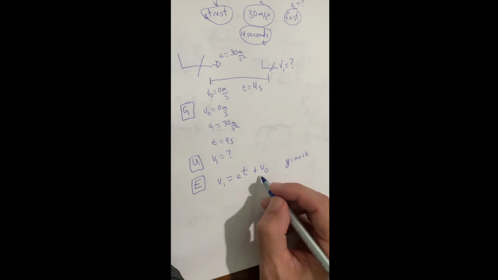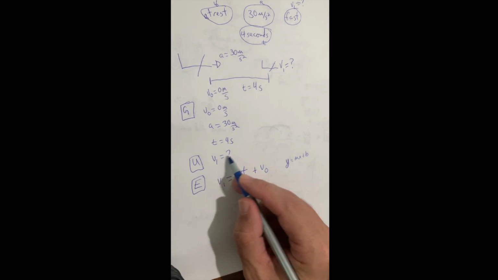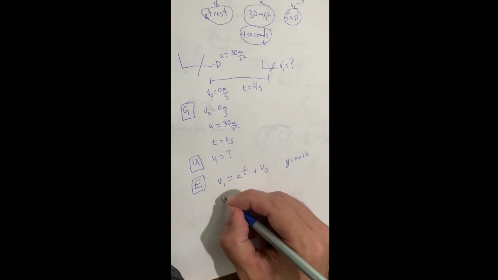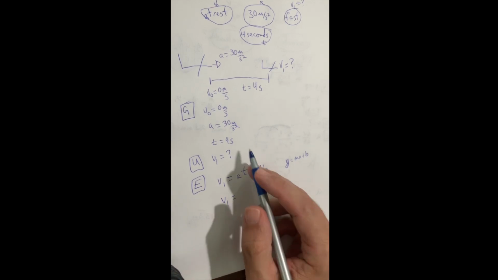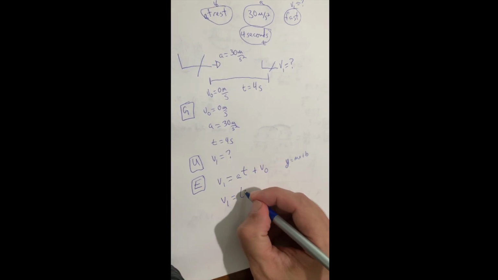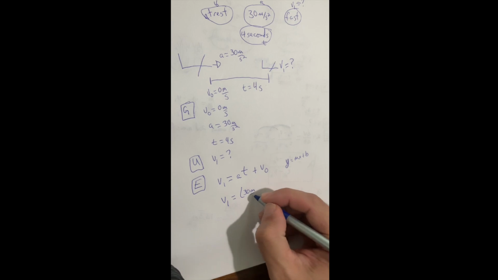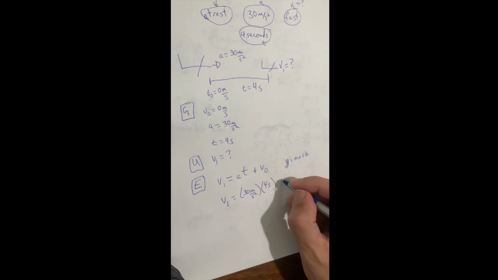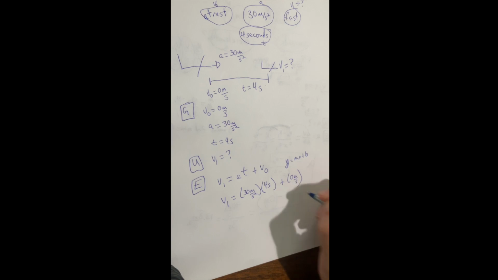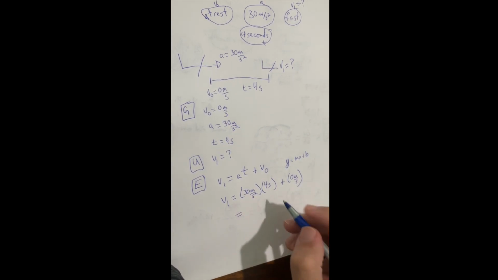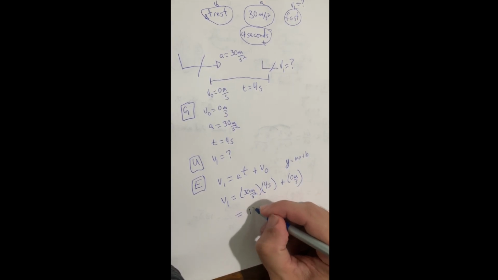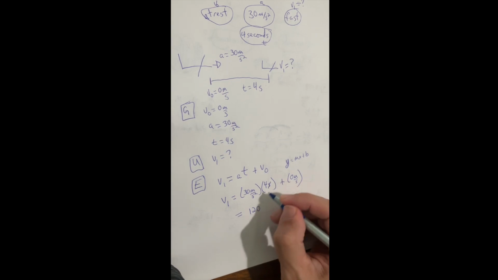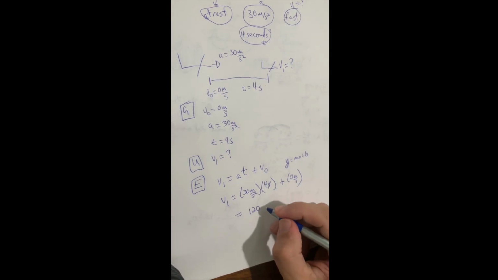So let's plug in our values. So V1, do I know it? No, it is a question, so I write the variable. Acceleration is 30 meters per second squared, times time of 4 seconds, plus V0 of 0 meters per second. Continue to show your work. 30 times 4 is 120 seconds, and one of those seconds cancels.